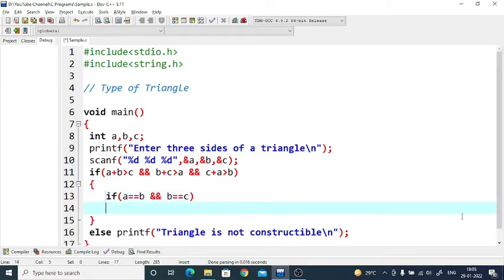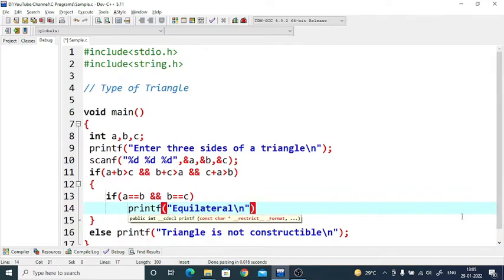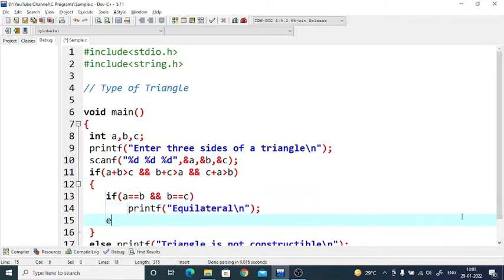It is enough to conclude that the triangle is equilateral. I'm writing in short, you can very well have a complete message.